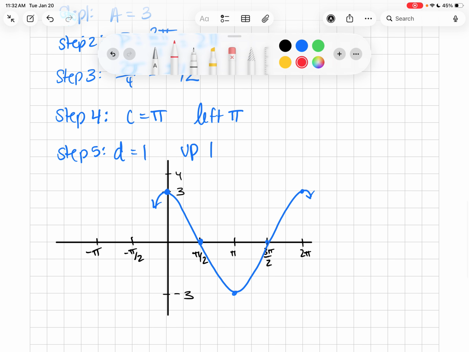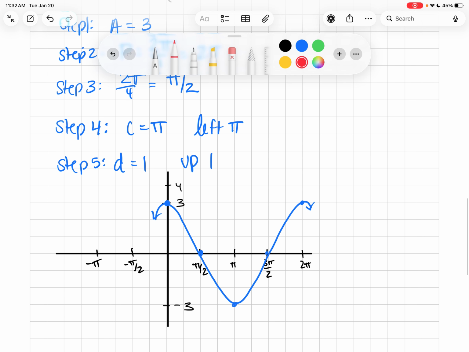All right, so every point is going to go left pi, so 2 spots, and then up 1. And so this first point here is going all the way over to negative pi and up 1. The next point is going to negative pi over 2, and it's going to be up at positive 1. The point that was over at pi is going to 0 and up 1.